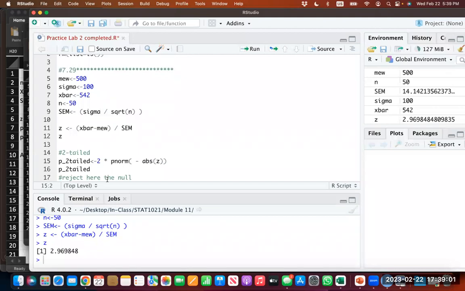So we have here p-norm. P-norm is not as easy to think about, but if you do p-norm, so our set is 2.97. This is actually a function that allows you to calculate your p-value, assuming a normal distribution.